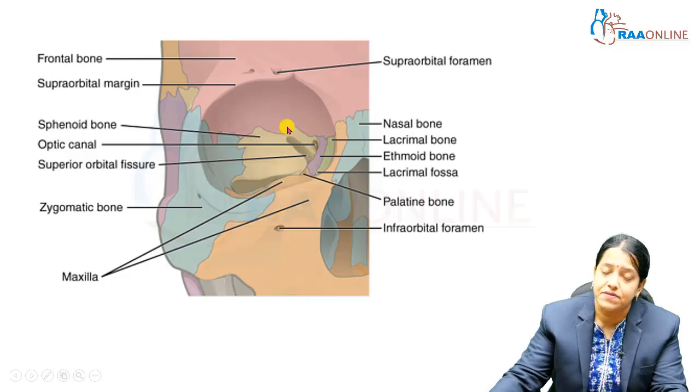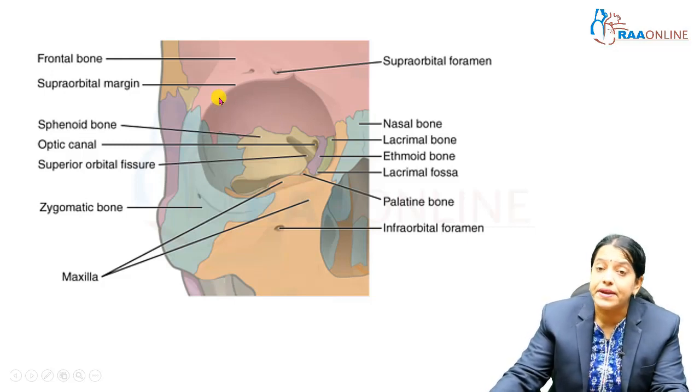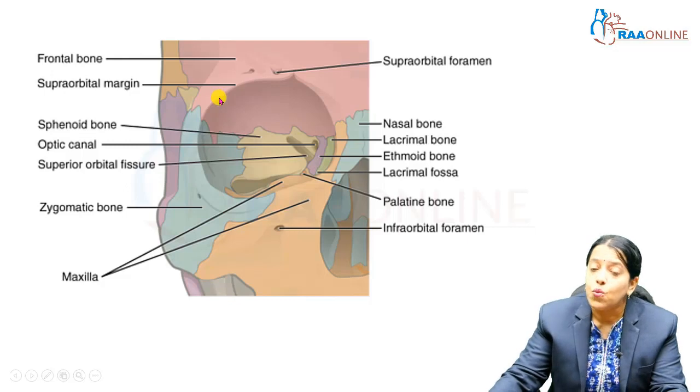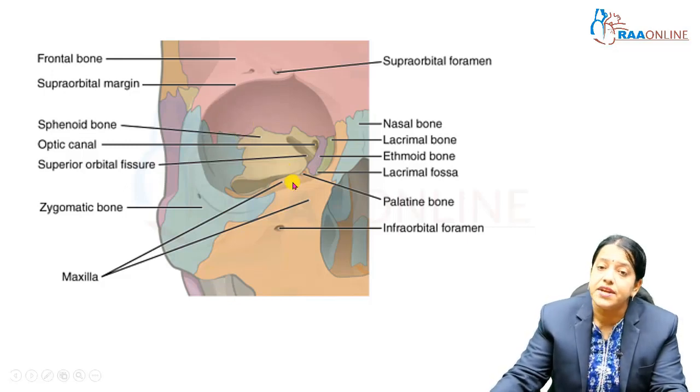So the apex is posterior medial and it is inside, and the base is opening on the face. Now this orbit is a pyramidal shaped structure which has four boundaries. It has a roof, it has a floor, it has a medial wall, and it has a lateral wall.